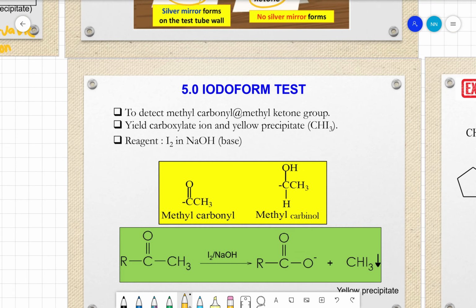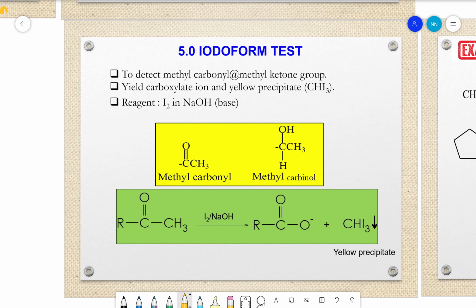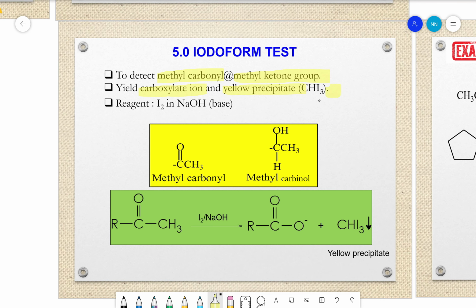Next is the iodoform test. The iodoform test is basically to detect a methyl carbonyl, also known as a methyl ketone group. If you have a methyl carbonyl present, you would yield a carboxylate ion and the yellow precipitate CHI3, triiodomethane.